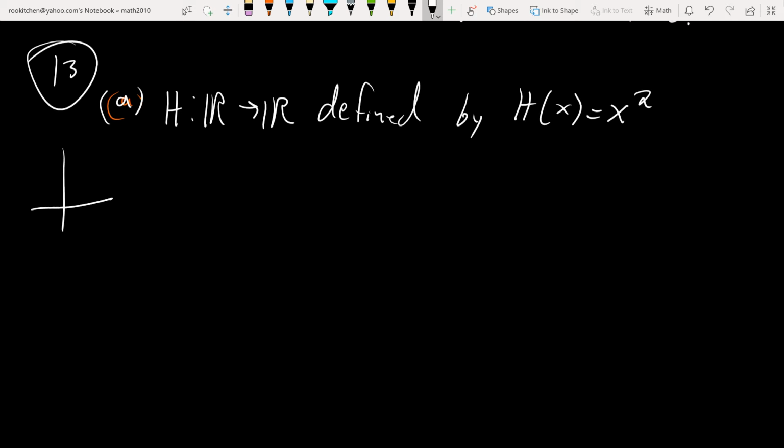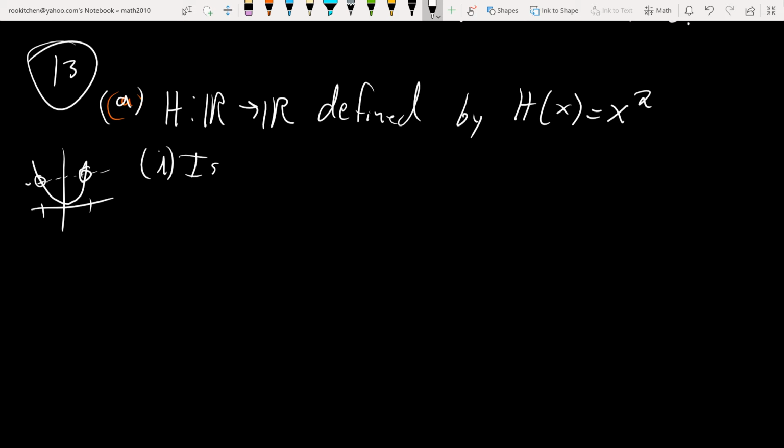We know it's not going to be 1 to 1. It fails the horizontal line test. In particular, there's an x1 here and x2 there, such that f of x1 equals f of x2, but x1 does not equal x2. So we just need to show that, or write it out, not with a picture, but in words, so another human could understand.